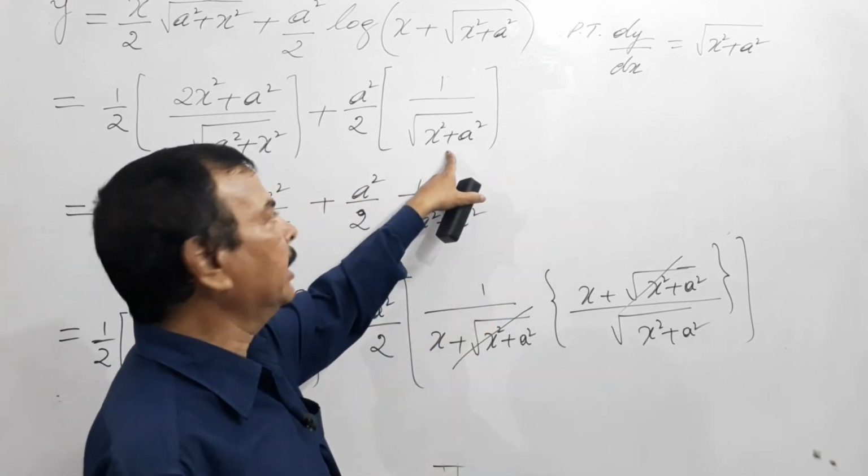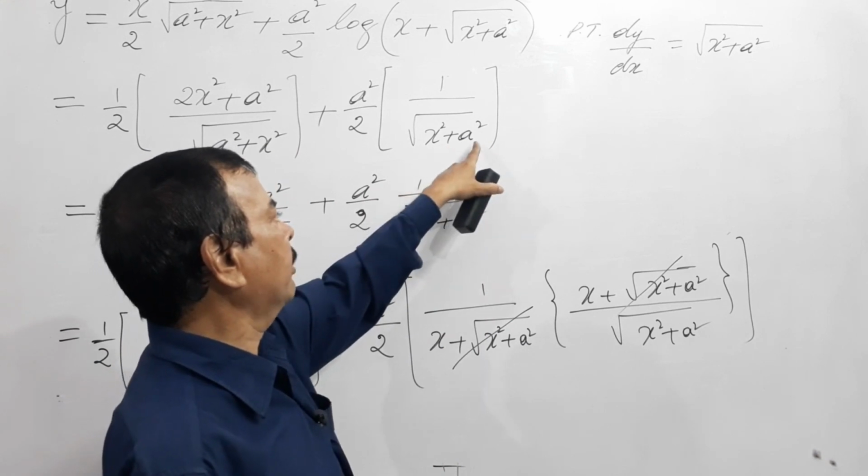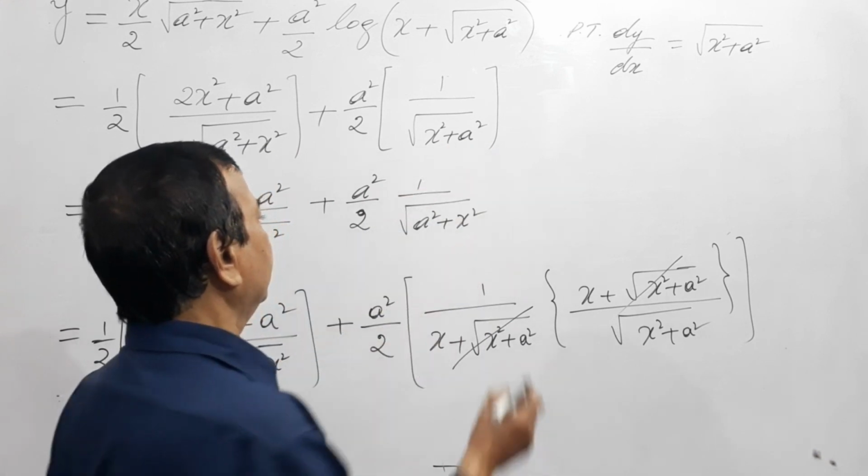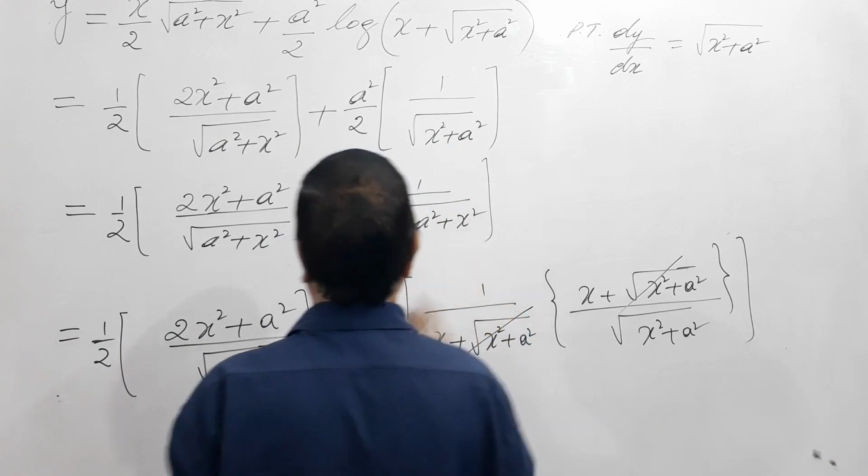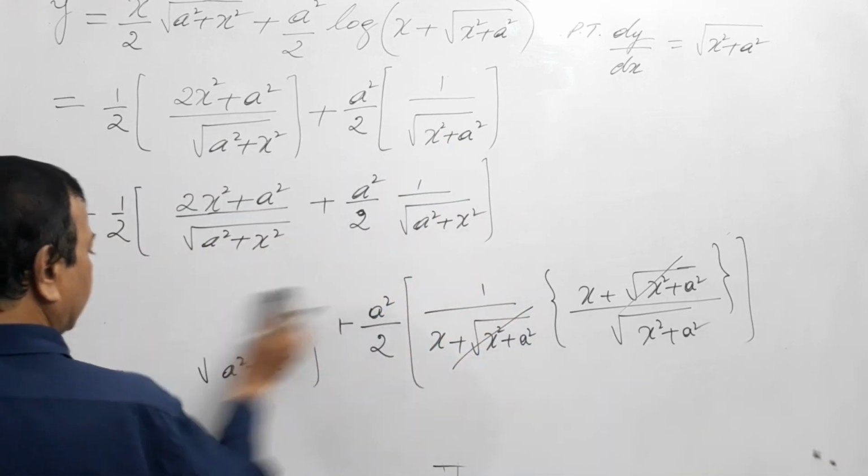Because you have a plus sign here, either you can write x square plus a square or a square plus x square, both are same. So I rub this.